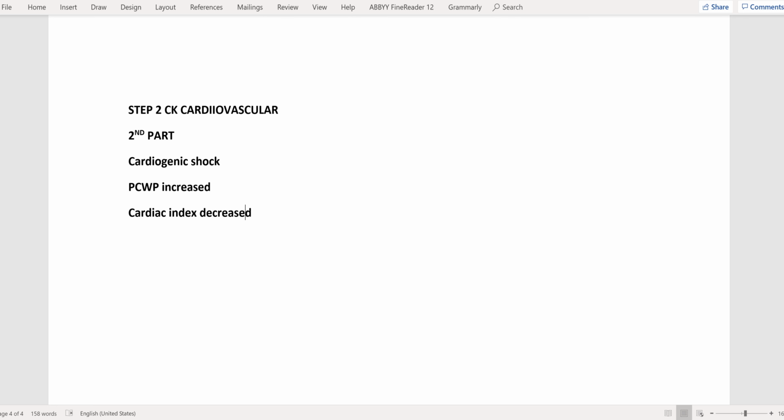So if you are a 45-year-old overweight smoker who has nocturnal chest pain that wakes you up from sleep, and EKG shows transient ST segment elevation on leads V4 to V6 during the pain attack, what is that?